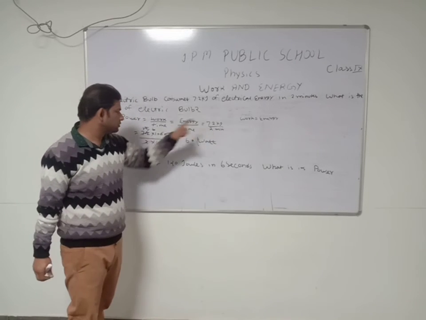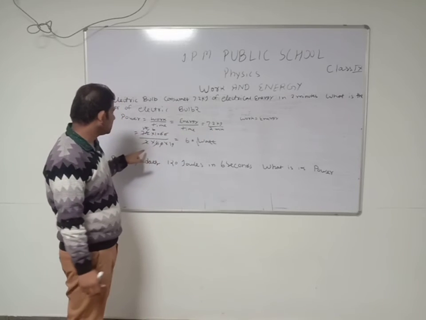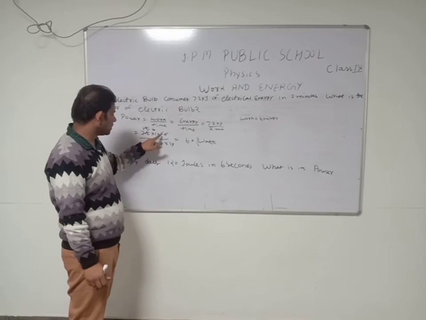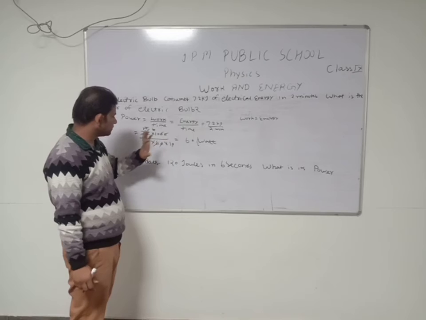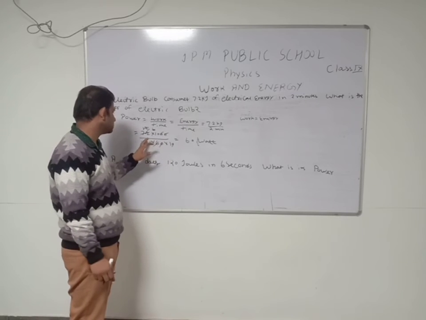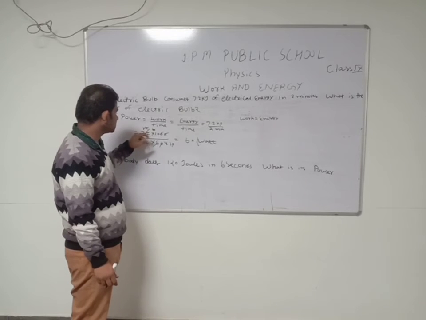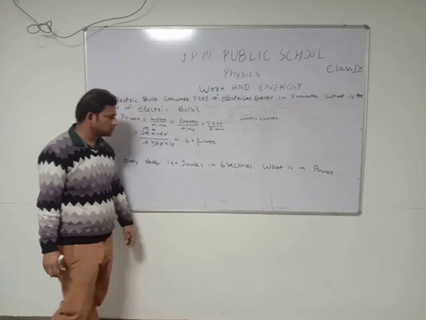We convert kilojoule into joule by multiplying by 1000, and we convert minutes into seconds by multiplying by 60. Then 1 0 is removed by 1 0 and the point is removed. So 6 2 12, and 2 6 12. It means 60 watt is the answer of this question.